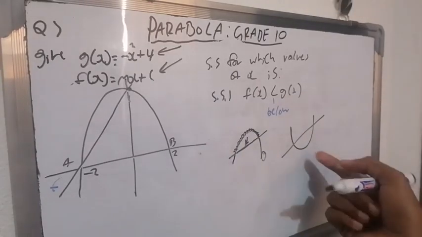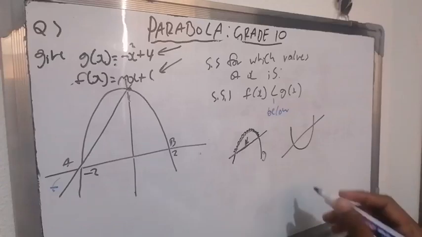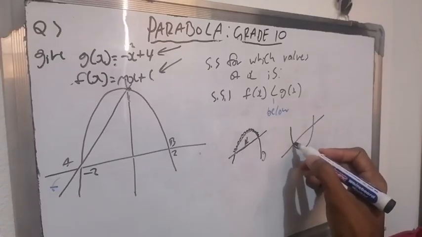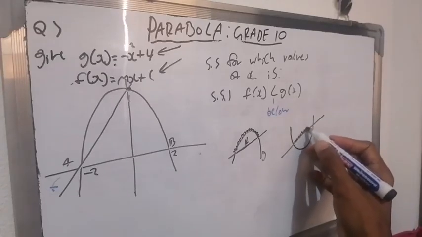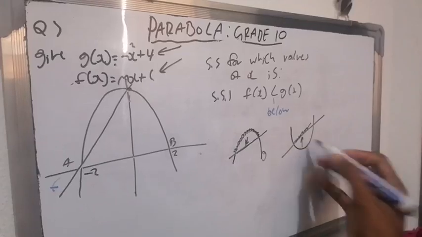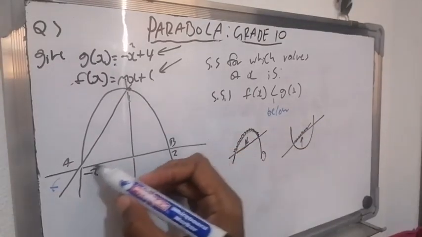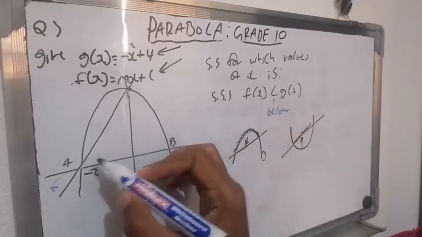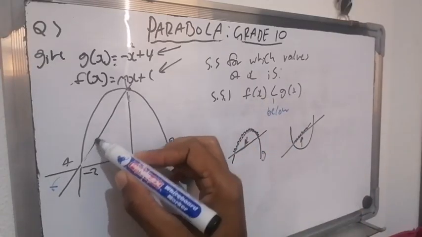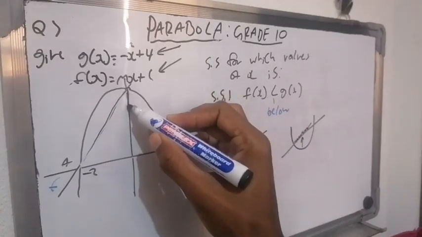But if we had a smiley face, it would be above because it is now on top of the g. So it will depend. But when we look at ours now, we can see that f is below g from -2 up to there.